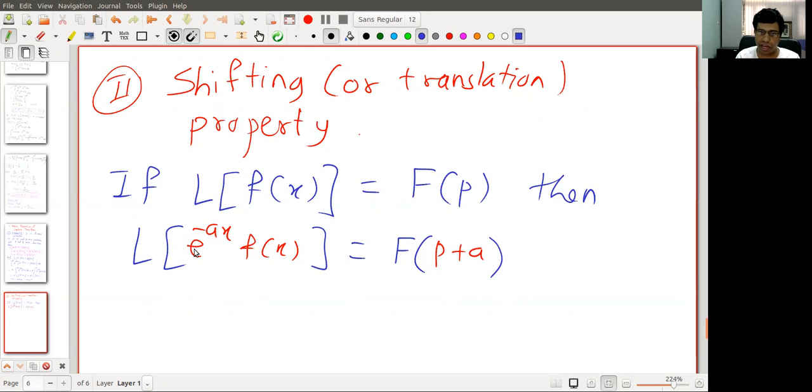That means L of e raised to minus ax f of x is capital F of p plus a. Here a is constant, which is a real number of course.